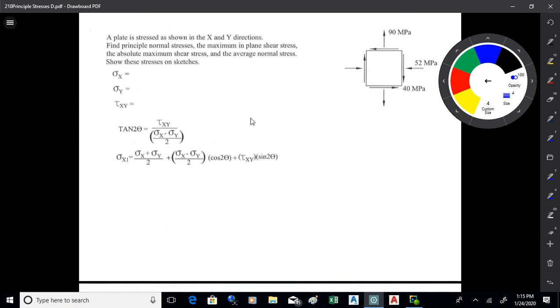For starters, just write down sigma x, sigma y, and tau xy. What are those? Get the proper numbers with the proper signs in there.